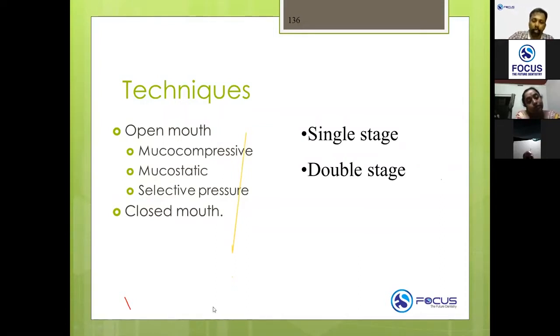Again, the techniques are single stage or double stage. In single stage, you are directly taking the impression and going with the denture fabrication. The double stage technique is what we follow nowadays.